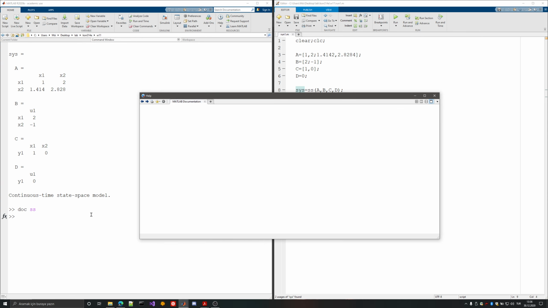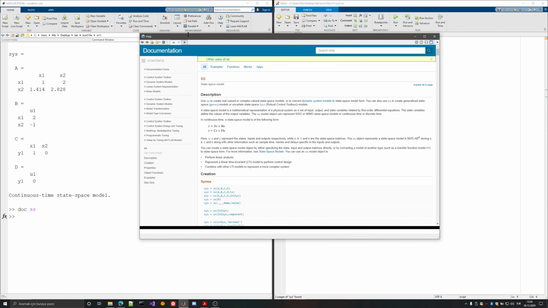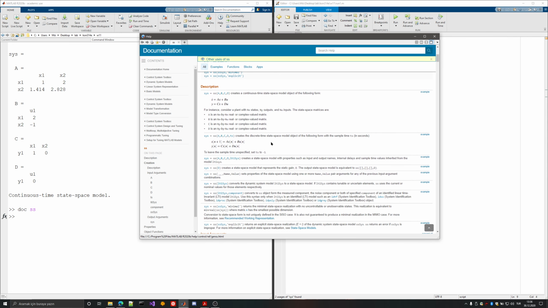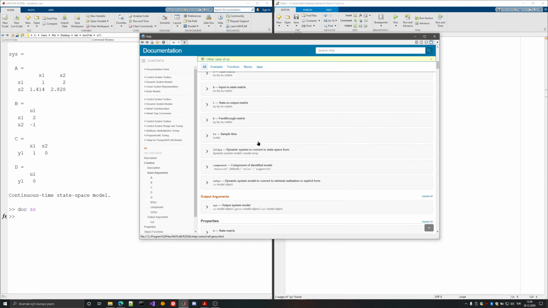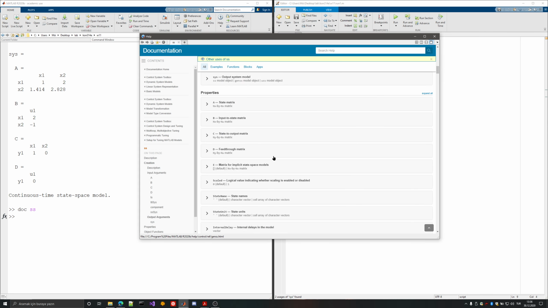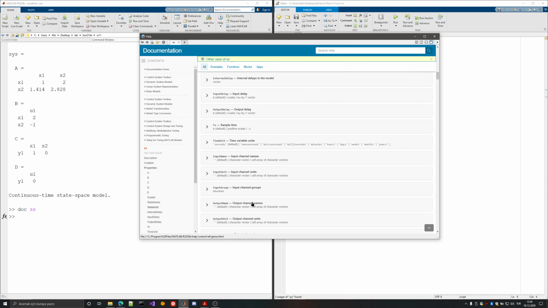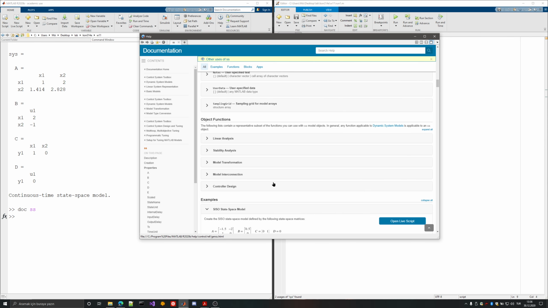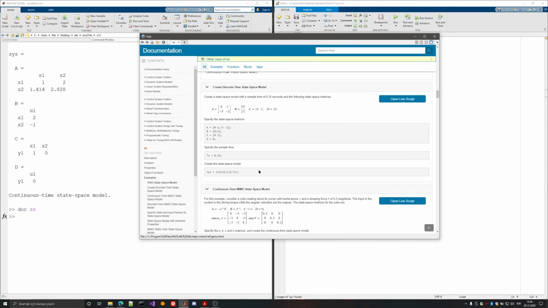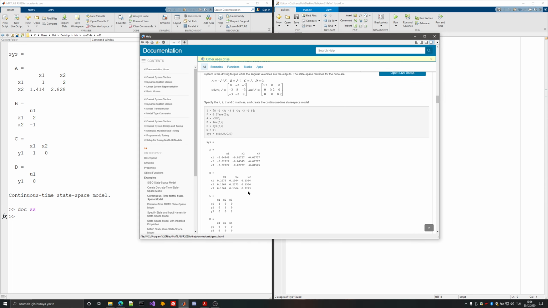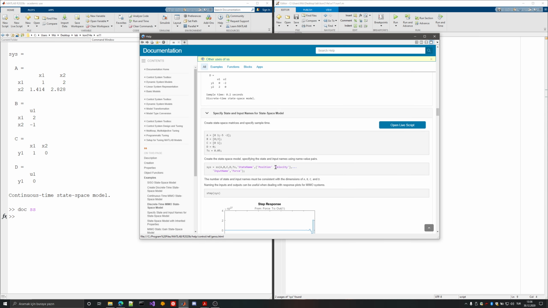I never use it very often, but you can name these states, and it is very well documented. There it is, I found it. All the necessary information is here, and you can give the state names, position and velocity.